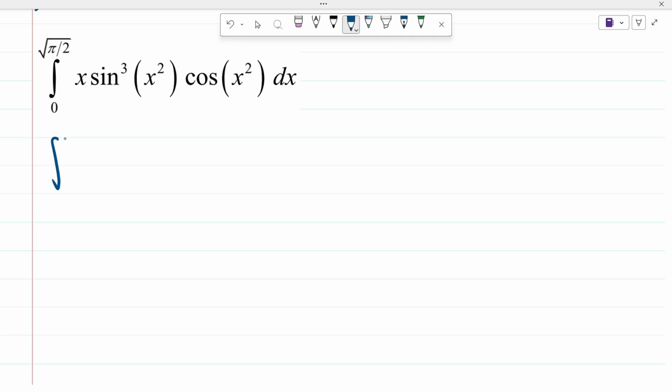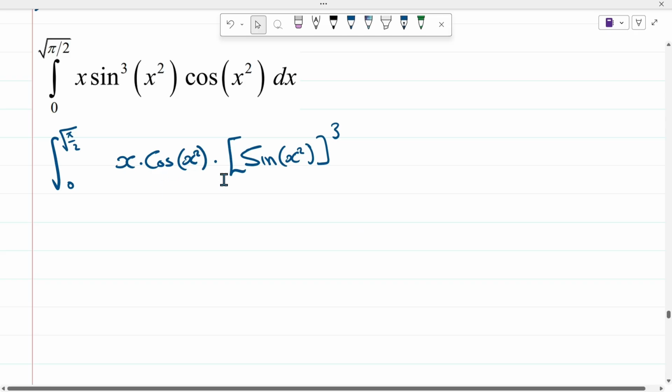So this is the integral from 0 to square root of pi over 2 of x cos of x squared multiplied by sine of x squared all to the power of 3. We do have a function and its derivative, but the derivative is incomplete.